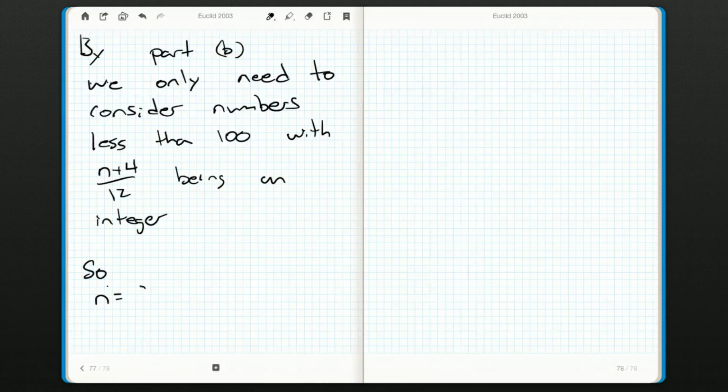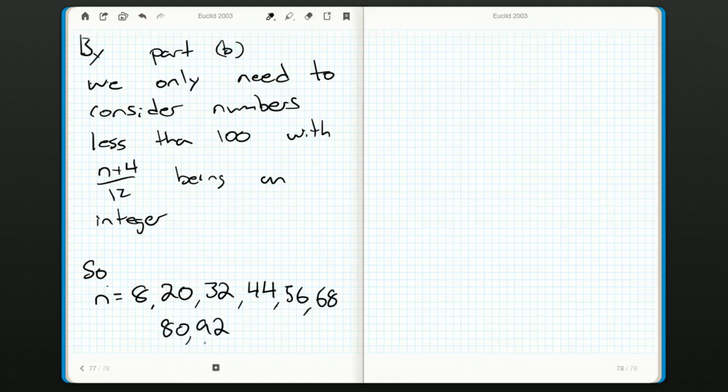So n could be 8, 20, because 20 plus 4 is 24, 32, what else can we have? 48 minus 4, so 44, 56, just keep adding 12 each time, 68, 80, and 92, and that's it.